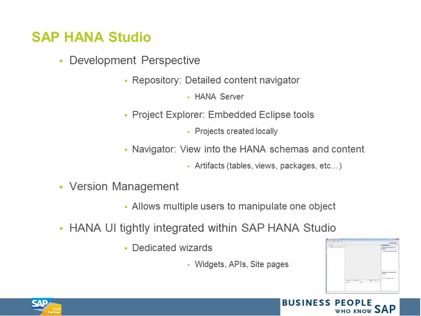And overall, this is giving us that tightly integrated interface development tool within HANA Studio which provides those dedicated wizards that I was speaking about, those APIs. And you're going to see that ease of use again that SAP has introduced within this tool.